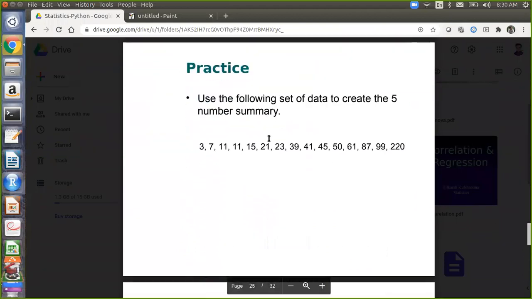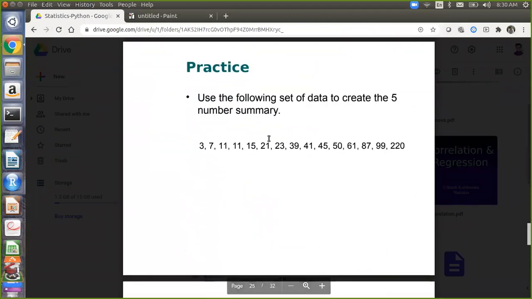Now what I want you to do is create the graph for this particular data set. So create a box plot and 5-number summary for this particular data set.